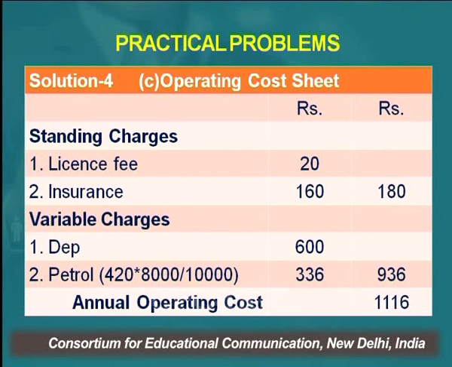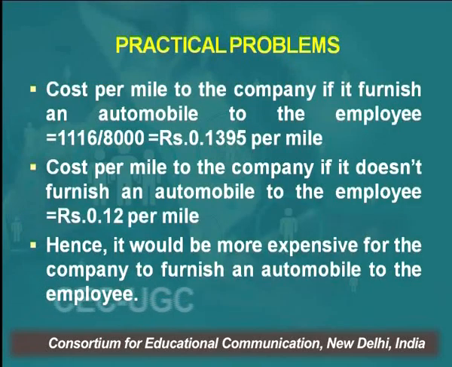This is for official purposes, 8,000 divided by 10,000, that comes to be 336. So 936, 1116 is the annual operating cost. So cost per mile to the company if it furnishes an automobile to the employee is 1116 divided by 8,000, that comes to be 0.1395 per mile.